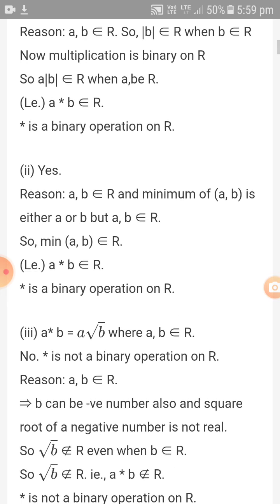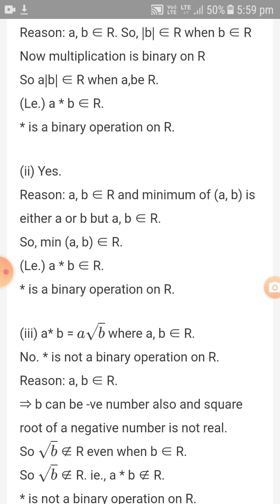Third one: a star b is equal to a root b, where a, b belongs to R. Here we will say no. Why? Here they gave a root b. Suppose you take any value, suppose 2, what will the root value be? It will come as a decimal. So here star is not a binary operation on R, as it will not be a real number.